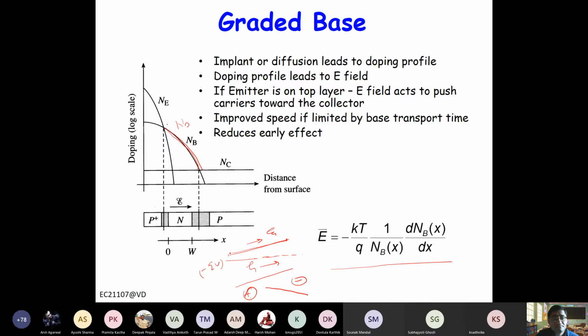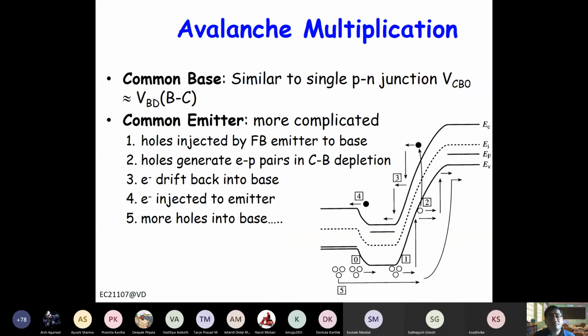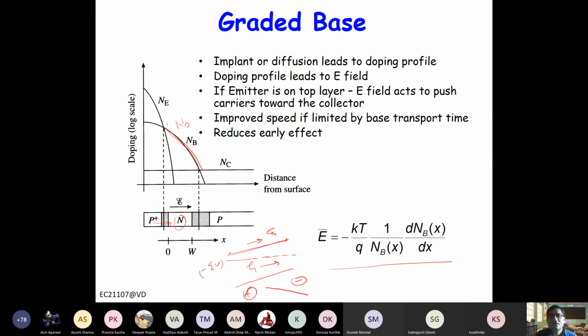These holes are pushed from the emitter and accelerated by the built-in field here, so this will have improved speed. Let us see the picture here. Any question on this graded base?